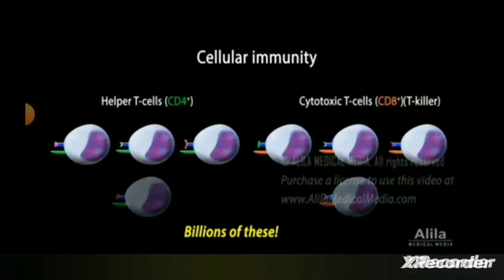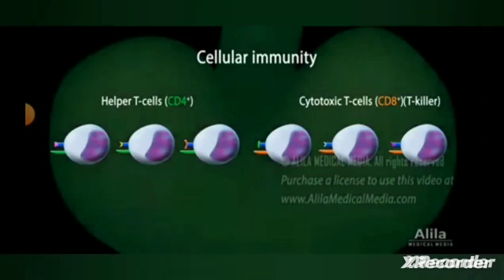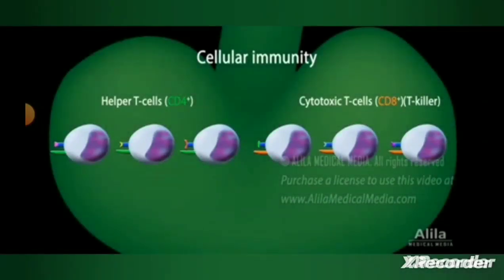T cells migrate to lymph nodes and other lymphoid tissue where they come in contact with different types of pathogens.